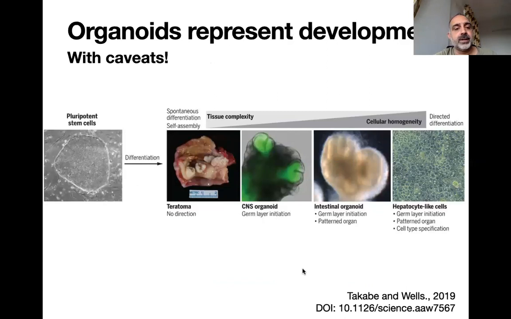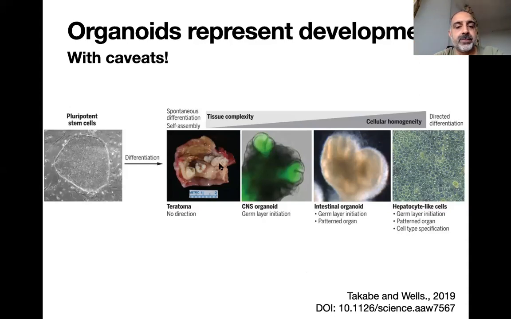As we talked about teratomas last time, and we started talking about the differentiation of ES cells to various structures, pluripotent stem cells can be differentiated. Once you take them out of the media that maintains pluripotency, you'll trigger differentiation, and this differentiation does represent development.